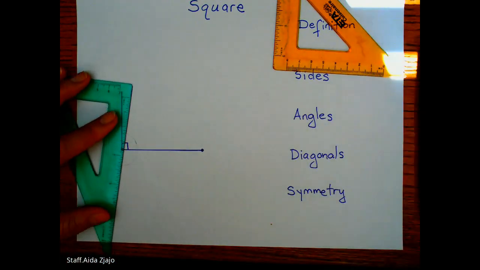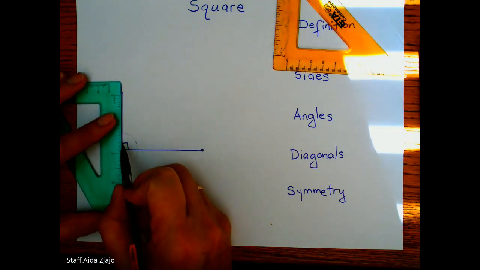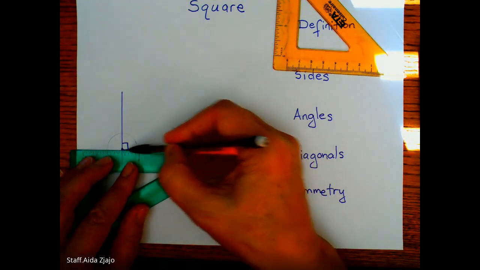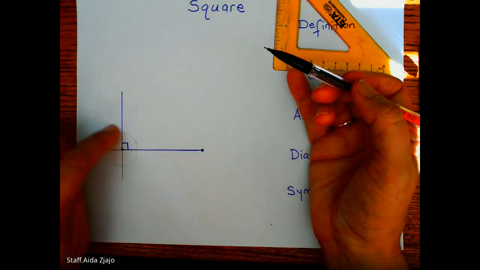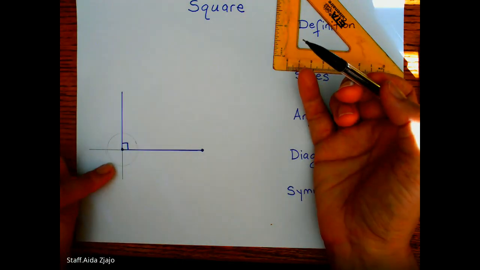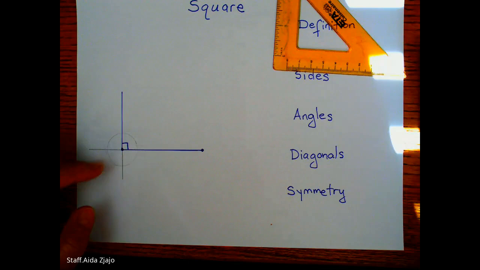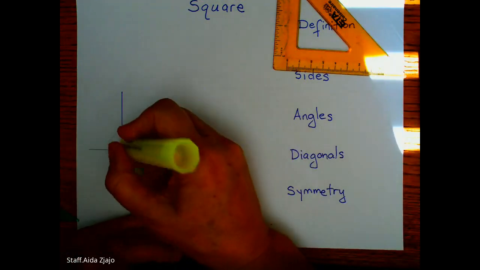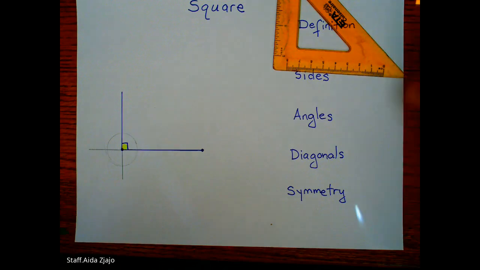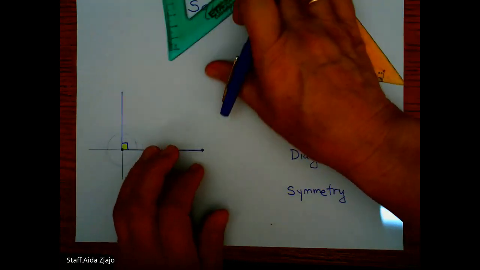If I extend my lines down, this is a line segment. In this line segment, I will make four right angles, because the whole circle is 360 degrees, and one part of it is my right angle. So far, so good. So let's talk about the other side.